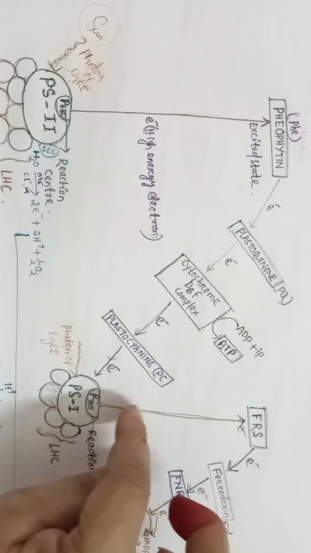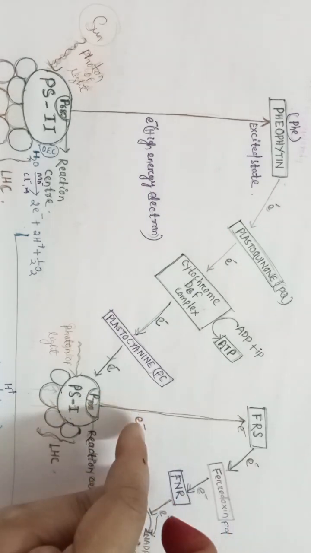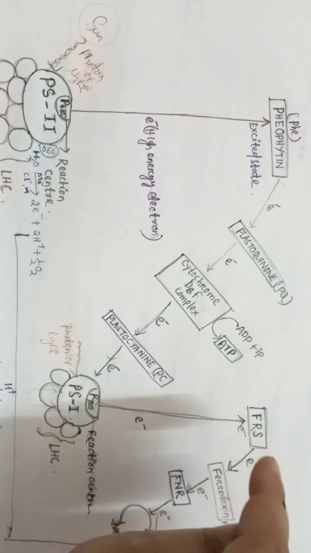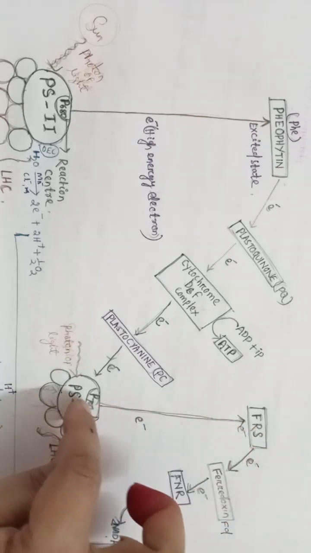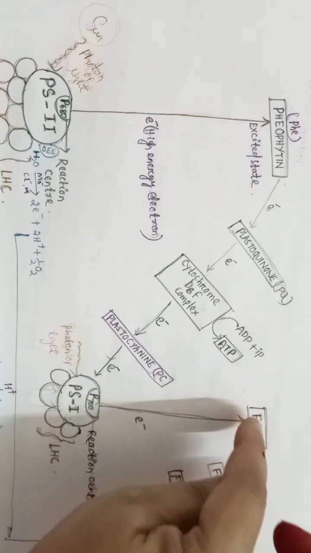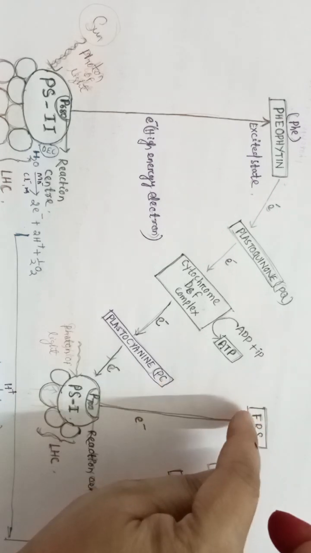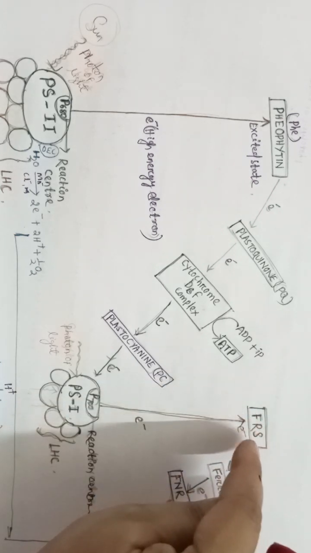This is a high energy electron, and it is accepted by the primary electron acceptor of photosystem 1, that is FRS, pyridoxine reducing system.